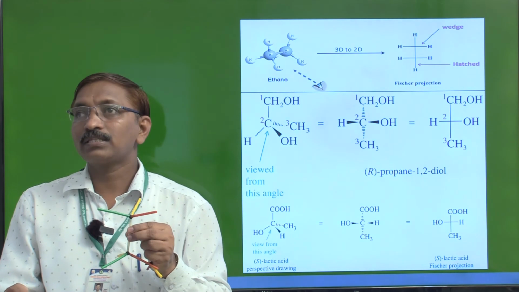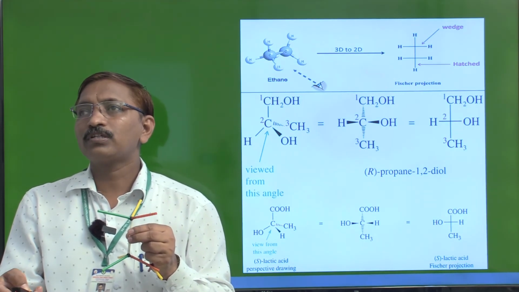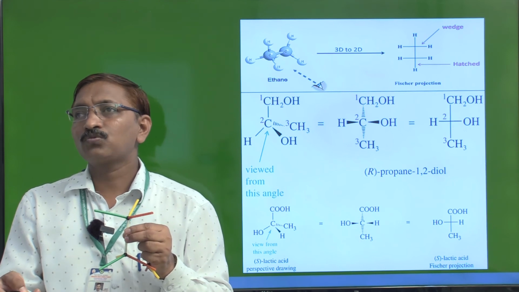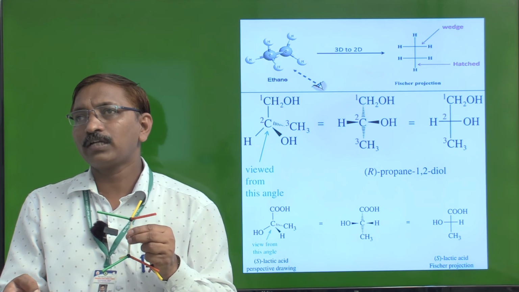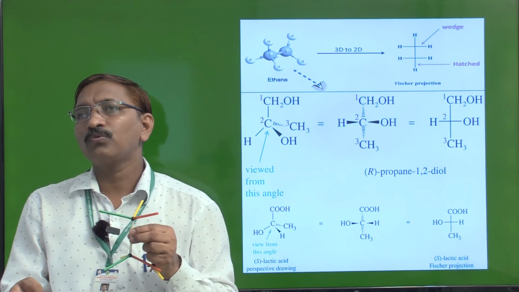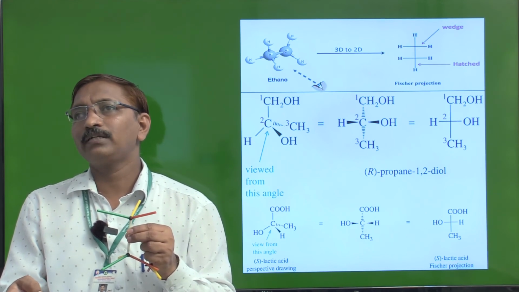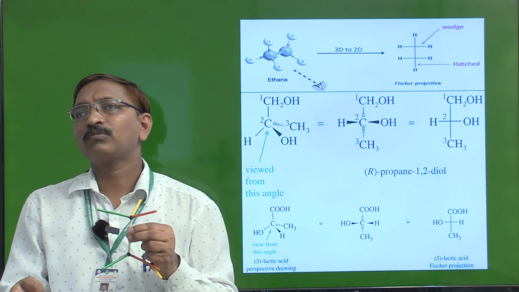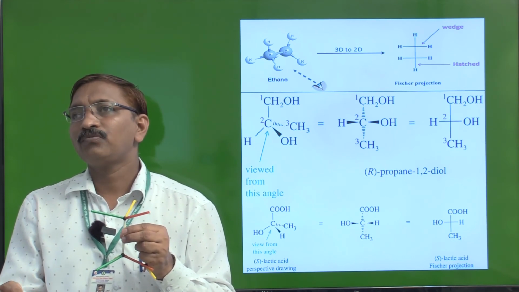So in this case, this is the vertical line, these 2 hydrogen atoms are behind the plane, while these 2 hydrogen atoms are towards you. That is nothing but these 2 hydrogen atoms of 1 carbon atom, they are towards you, and this is the front carbon atom, these 2 hydrogen atoms are again towards you, while the third hydrogen atom of the front carbon as well as the rear carbon atom, they are behind the plane, so they are in a vertical position.